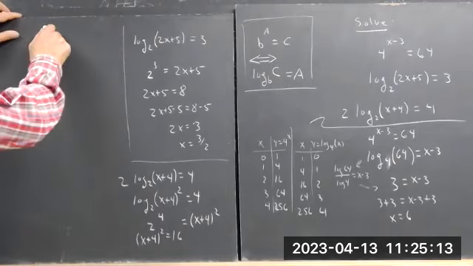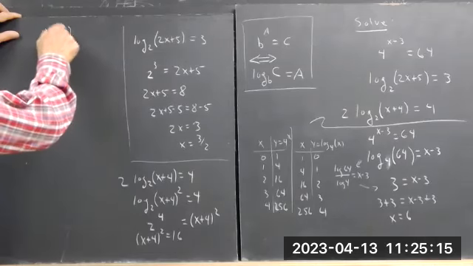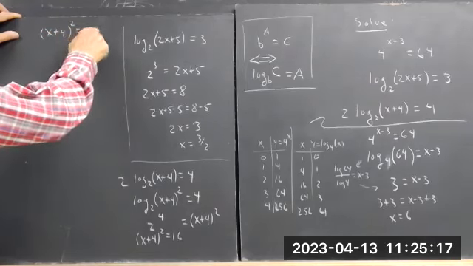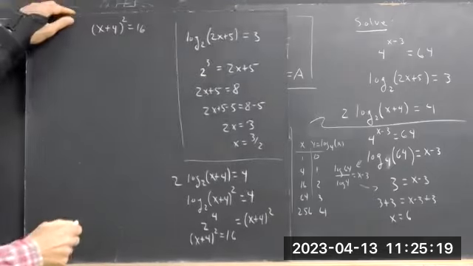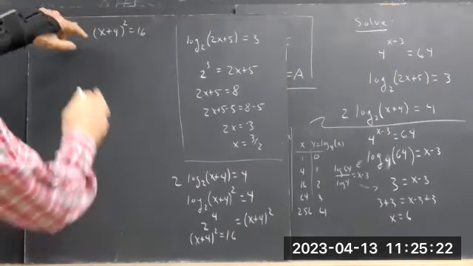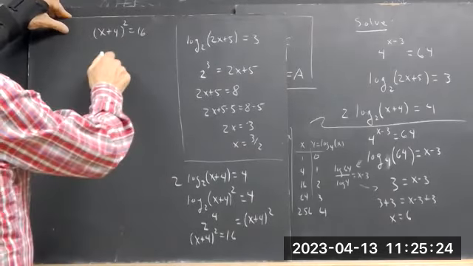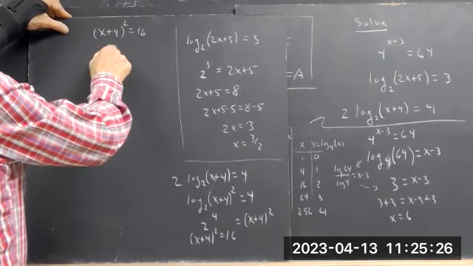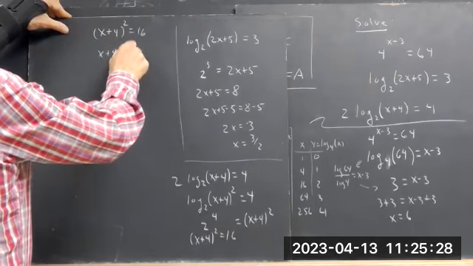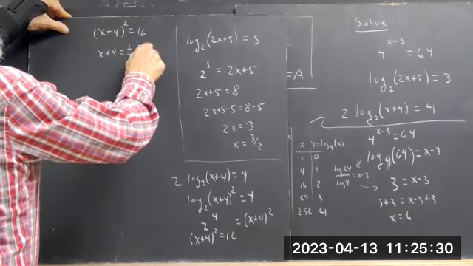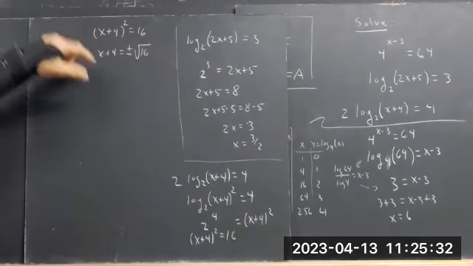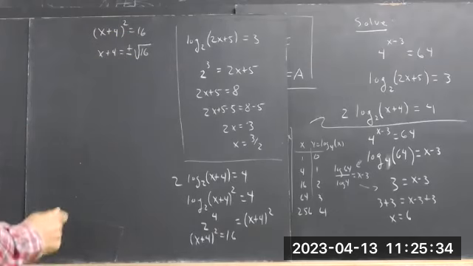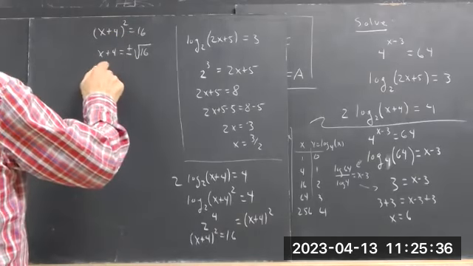And I guess we'll put that up here. x plus 4 squared equals 16. We're going to move this over a little. Okay, x plus 4 squared equals 16. So x plus 4 is plus or minus the square root of 16.